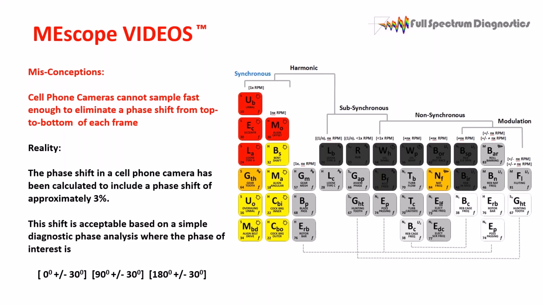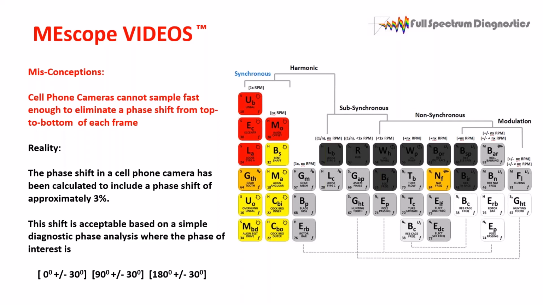The phase shift in the cell phone camera has been calculated to be about 3%. This shift is not a problem, we've deemed, because it's based on a simple phase analysis where the phase of interest is 0 degrees, 90 degrees, and 180 degrees.